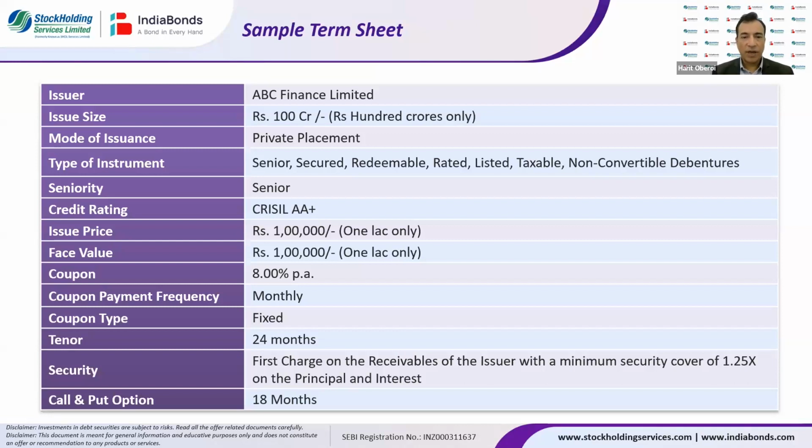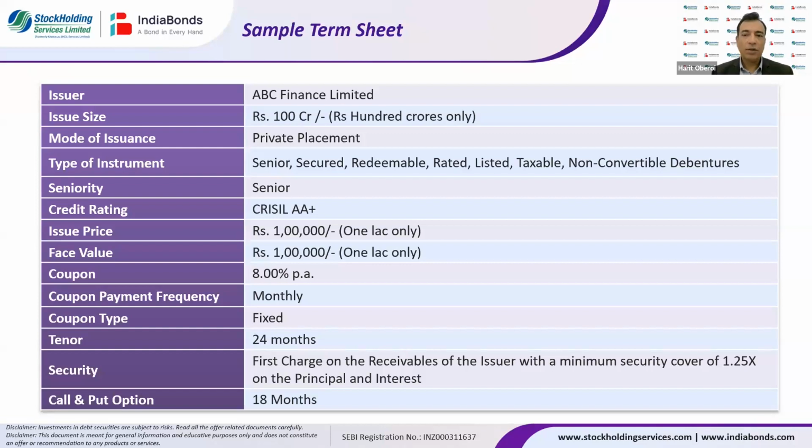Type of the instrument. Type of the instrument is one definition that can give you all the basic terms and conditions of a bond. So type of the instrument is a senior bond, secured, and it is backed by collateral. It's a redeemable bond, means the redemption will happen and your principal will come back to you at the maturity. Rated means they've been rated by a rating agency.